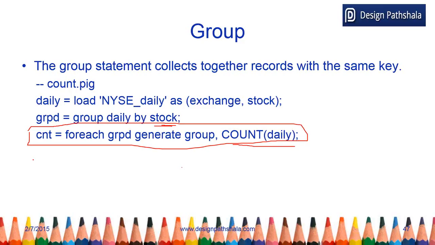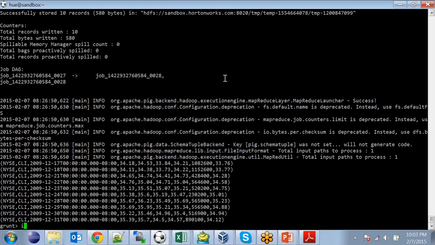So basically it's CII 3, ICICI 4. And why have I used daily over here? Count daily. Because that's the table that has all the data, right?